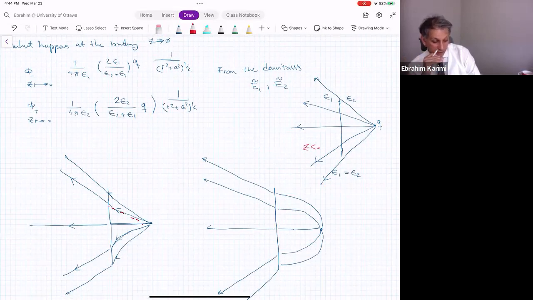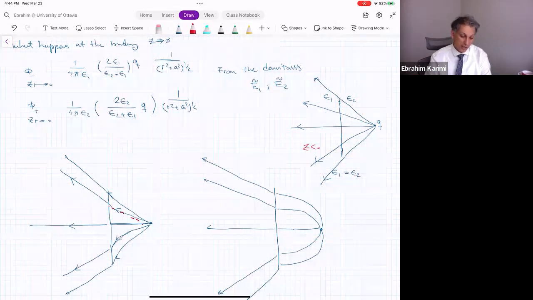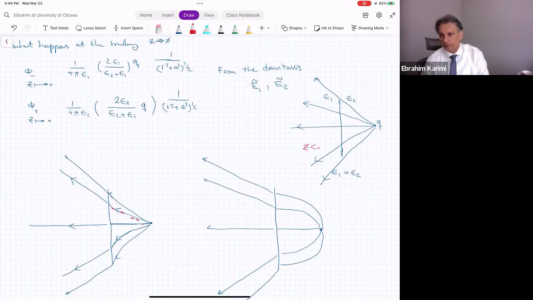If you tend epsilon to be infinitely large, you will get different expressions. For example, for the negative side, definitely the potential will be 0, which agrees with what we assumed previously with the image charge techniques.